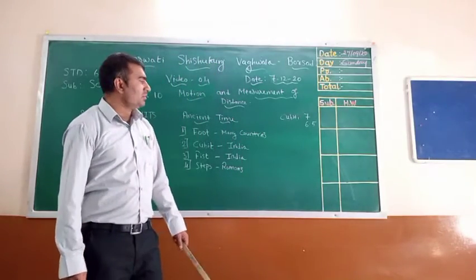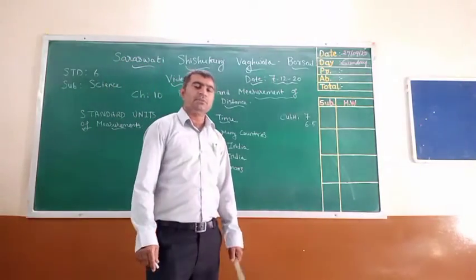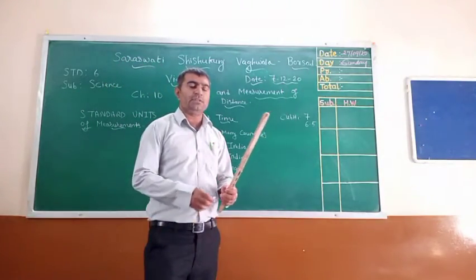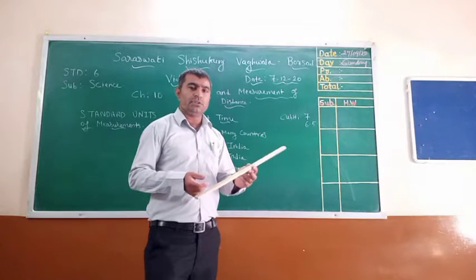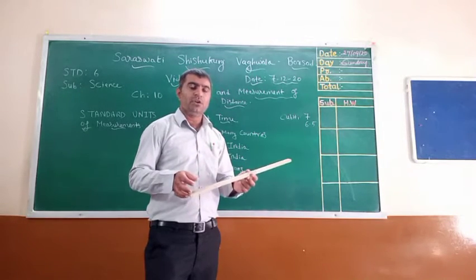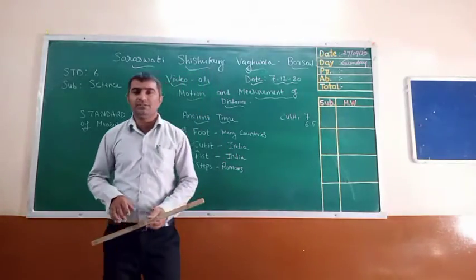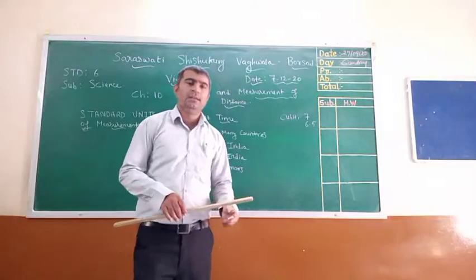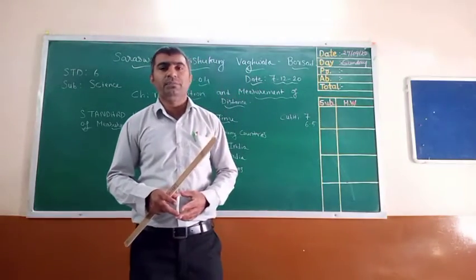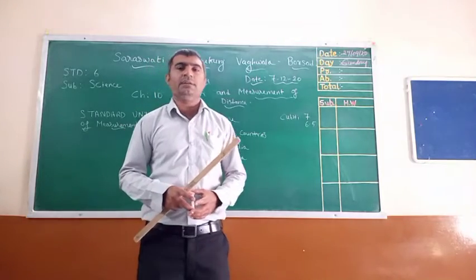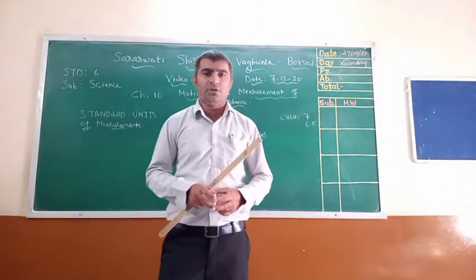But try to do an activity at home: measure any object with the help of cubit or feet, and tell your brother, sister, father or mother to measure the length, and try to observe whether there are any differences or not.